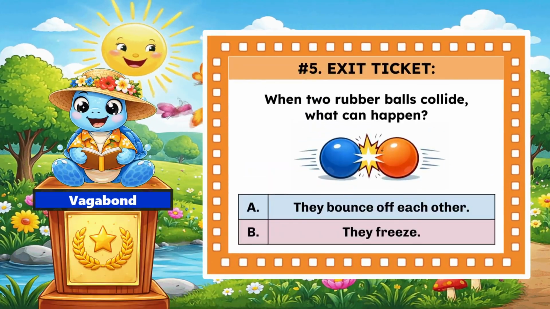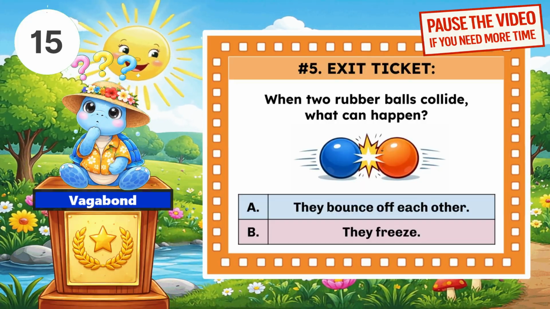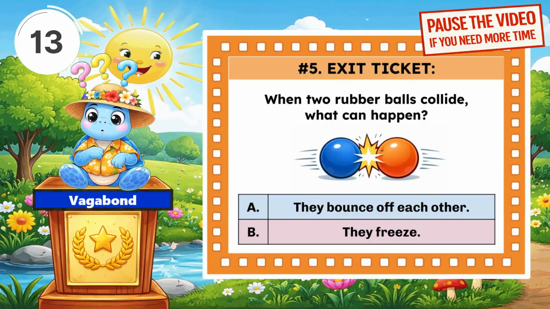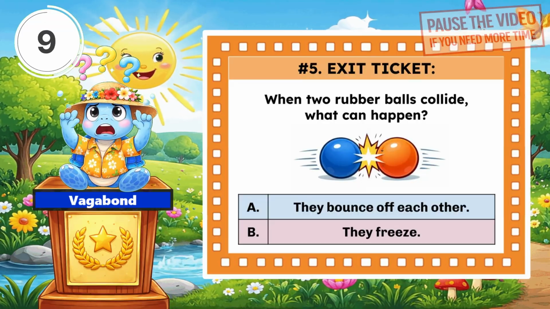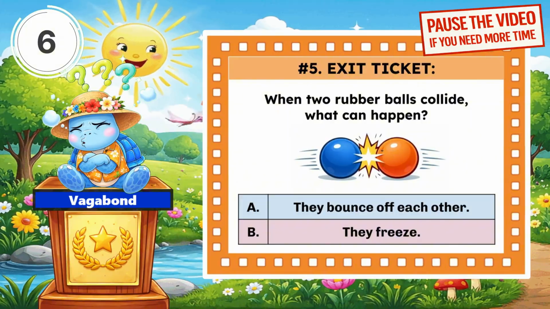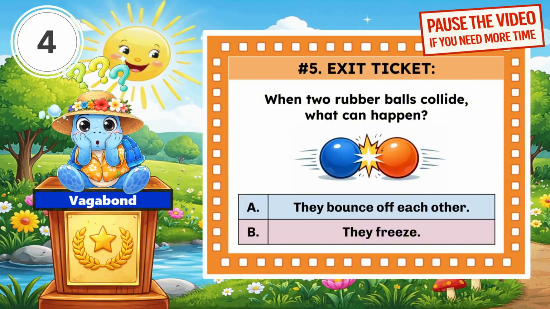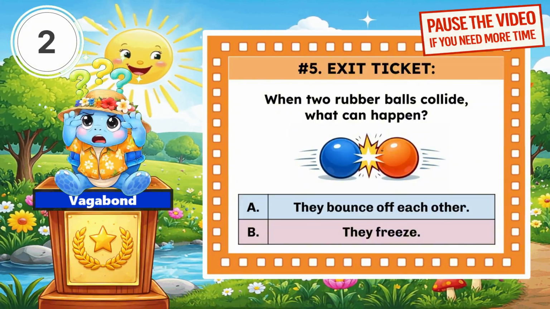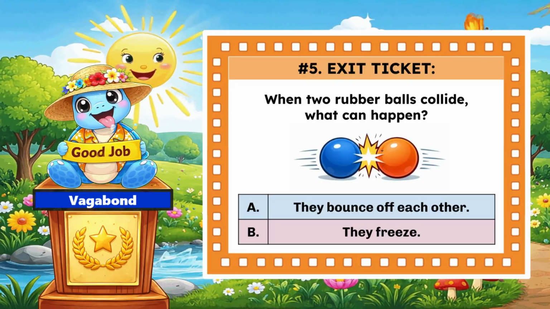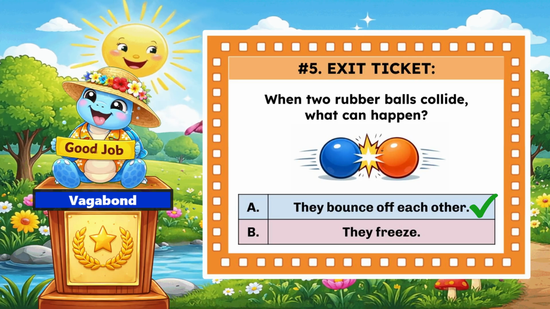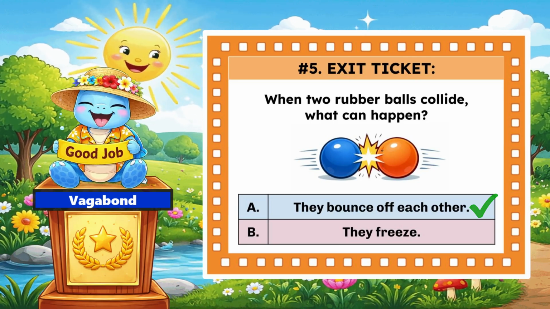When two rubber balls collide, what can happen? And the correct answer is letter A, they bounce off each other.